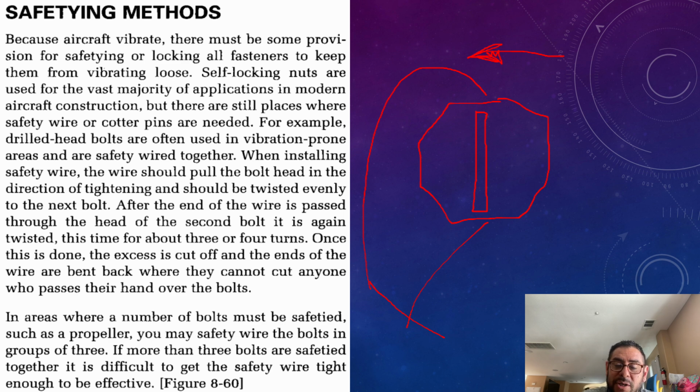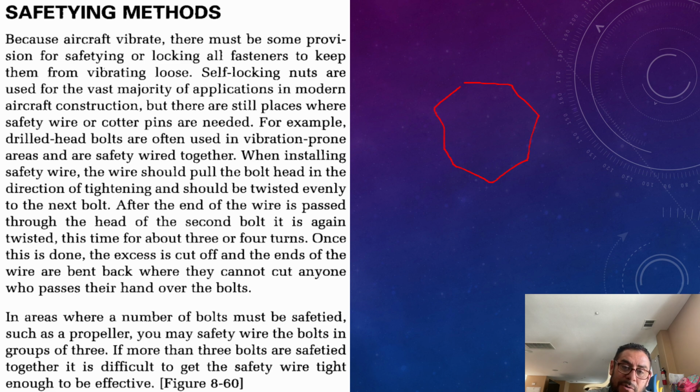Now, if the bolt turns, guess what? Yes, you're wrong. So make sure that when you are doing this, you are tightening your bolt in the direction where it's going to tighten. So you run your safety wire this way. Okay? Righty tighty, lefty loosey.